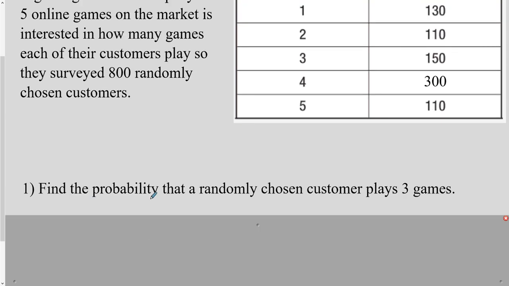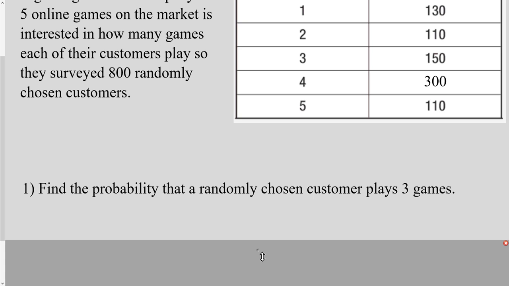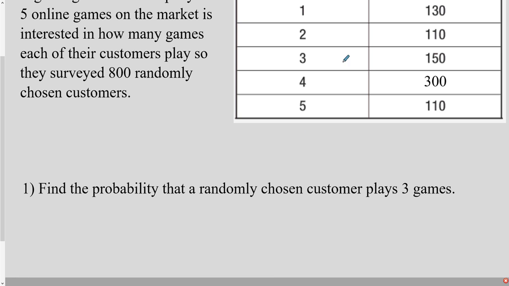So number 1 says find the probability that a randomly chosen customer plays 3 games. Well, how many customers play 3 games? So if we're thinking about just probability, the key is the number of successes over the total number of possibilities. Well, there's 800 customers to choose from. How many of them would make us happy, meaning that they play 3 games? 150.